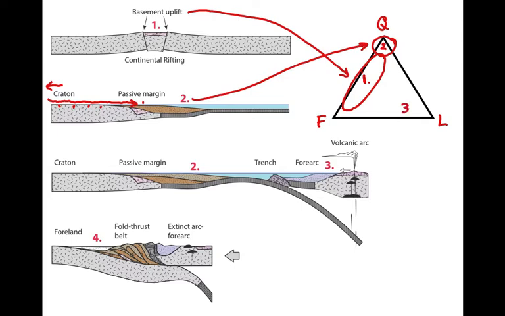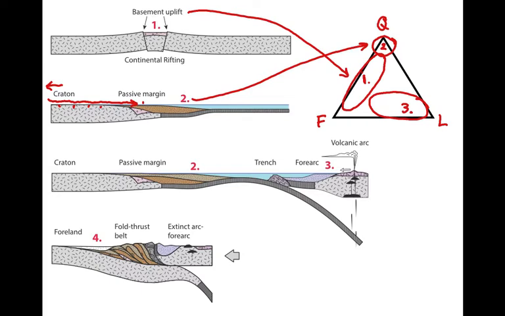And so situation 3 might end up occupying this realm, pretty quartz poor, with a lot of rock fragments and a fair amount of feldspar.